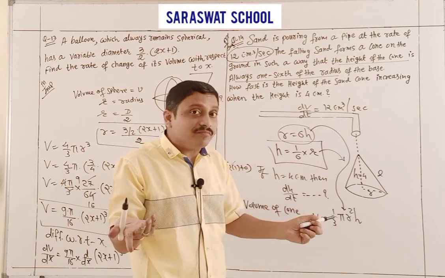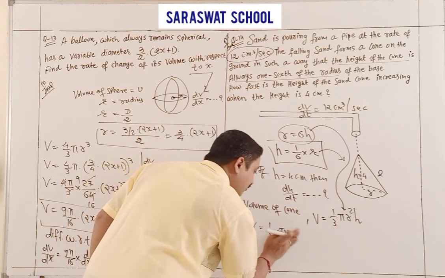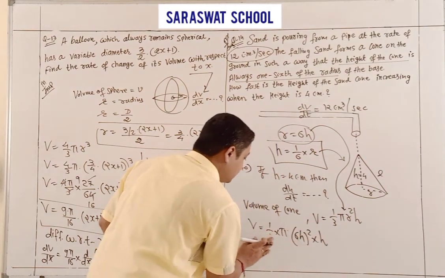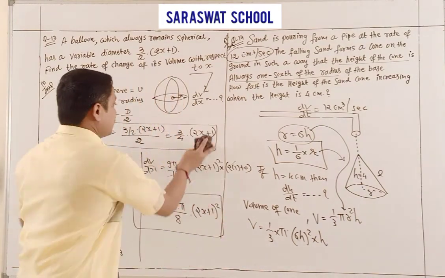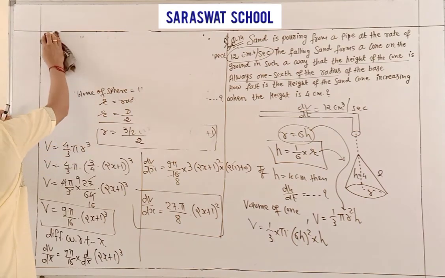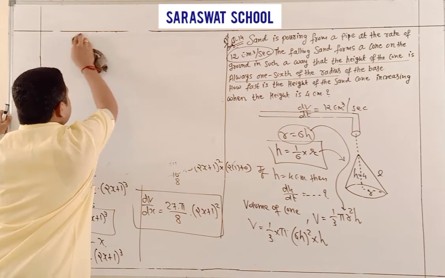That is a different sum. So here volume is 1/3 pi, R value is 6h, into h. And here students, you make some simplifications, and after that I start the derivative. It's a very easy and simple sum.